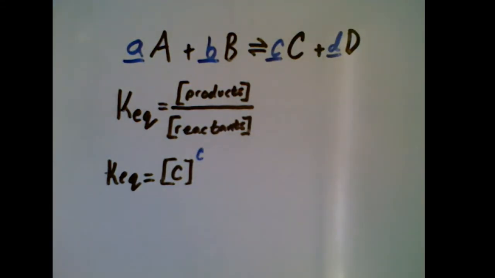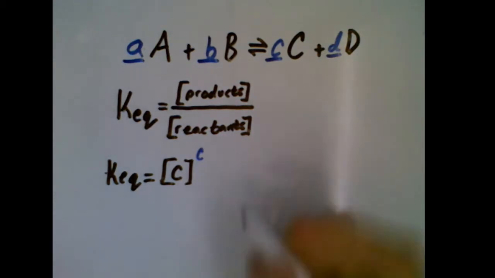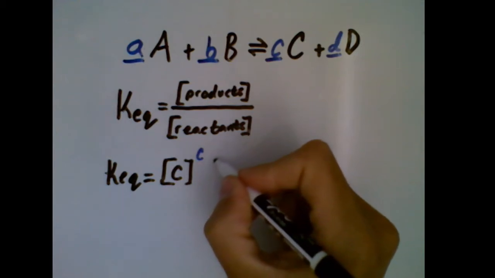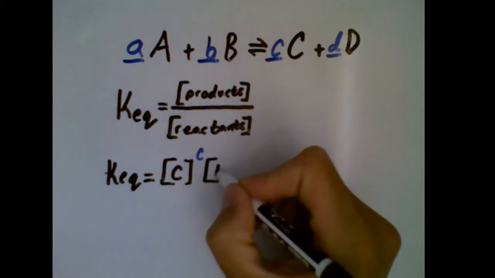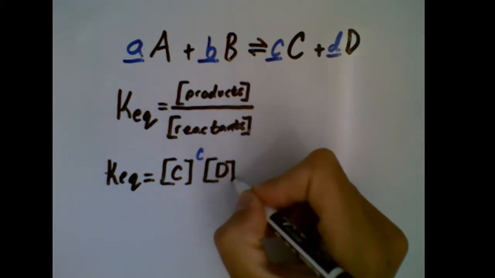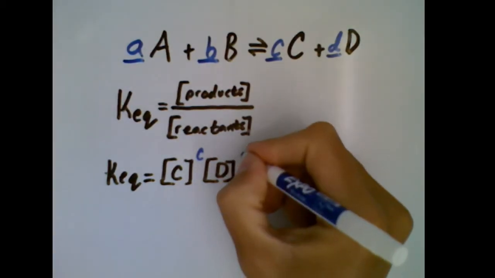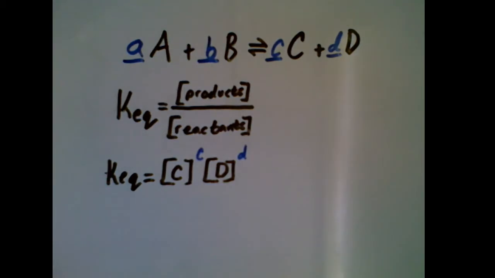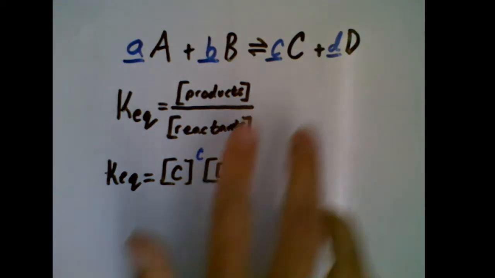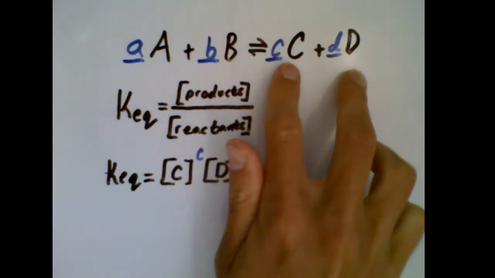Whatever its coefficient is now becomes an exponent for that substance. Then we're going to multiply that by the other product, which in this case is substance D, and substance D is also going to be raised to the power of its coefficient. So those are our two products in this chemical reaction.